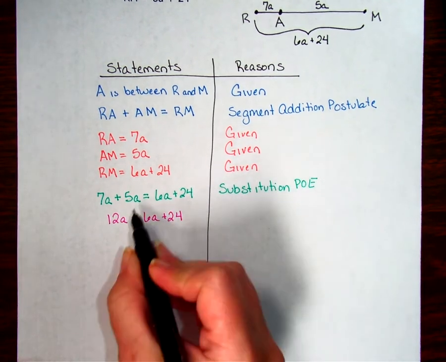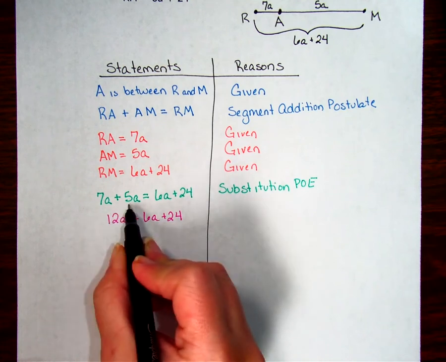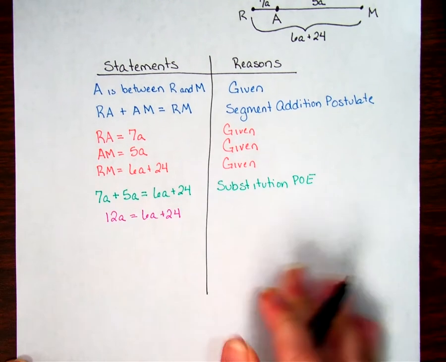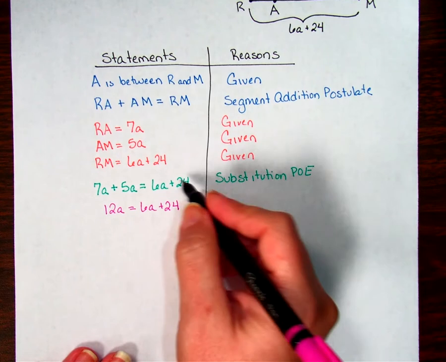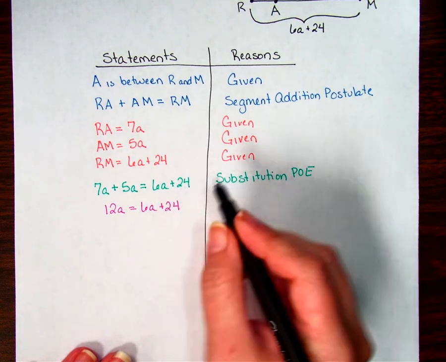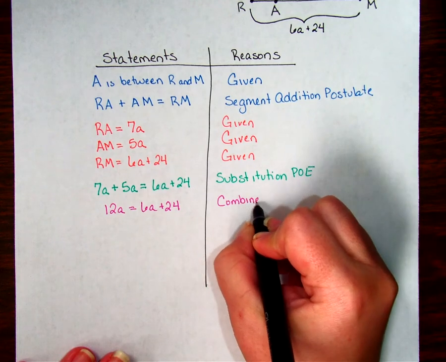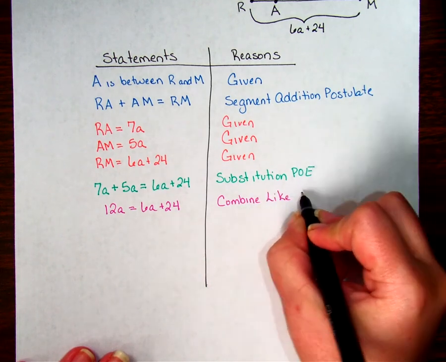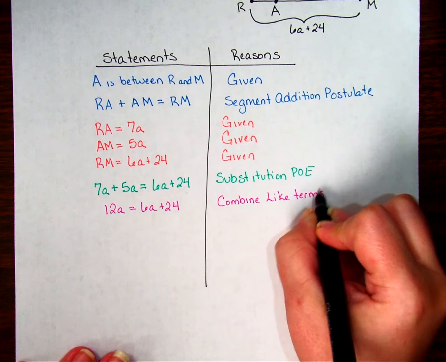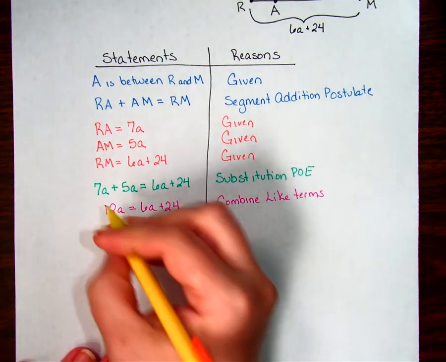So to get from here to here, I just combined my 7a and my 5a. It was addition, but it only affected one side of my equation. The right-hand side's not changed. So this is combine like terms, because all we did was put these two together.